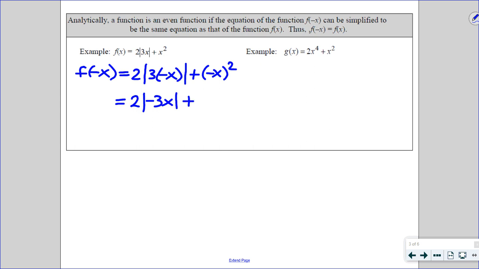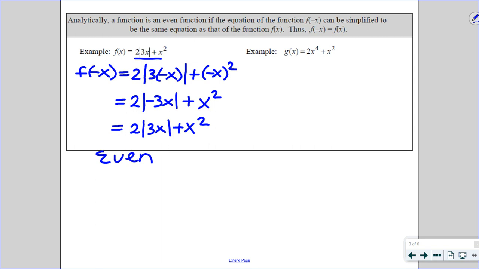If I have negative x squared, that would actually equal positive x squared. All right, and you guys, absolute value, remember, is always positive. So notice when we simplify, we get back to the original equation. So therefore, this is an even function.